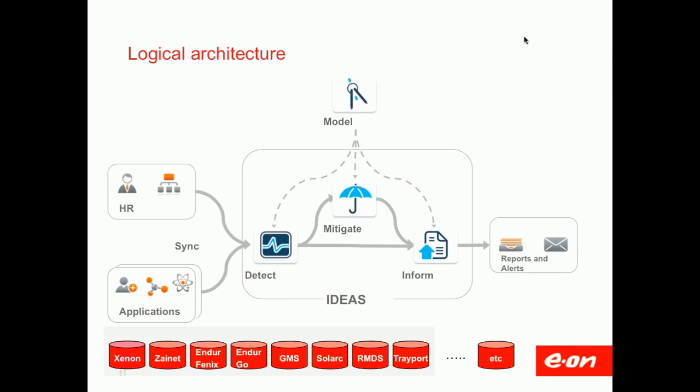IDEAS checks users and roles versus the business rules model that we have built into the application. Currently we have a bi-weekly reporting process to line management, so that people working in EGC start to understand what their team members can do in applications, not necessarily what they are doing, but what they can do.